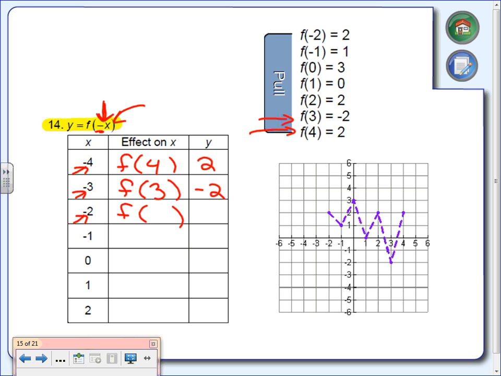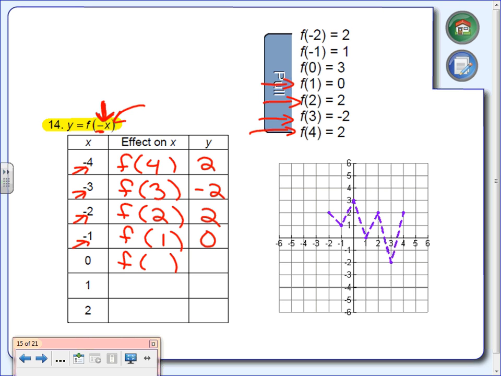That negative times that negative makes this a positive 2. And f of 2 is equal to a 2. Next one. This negative sign times this negative 1. Negative times the negative makes this a positive 1. And according to over here, f of positive 1 is equal to a 0.